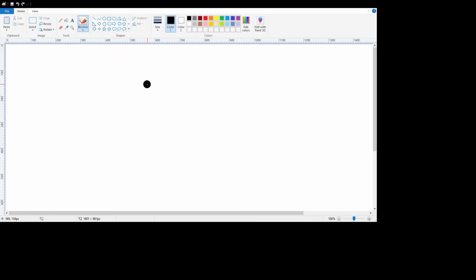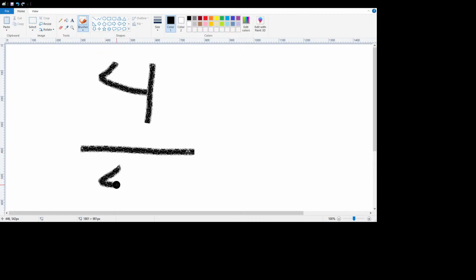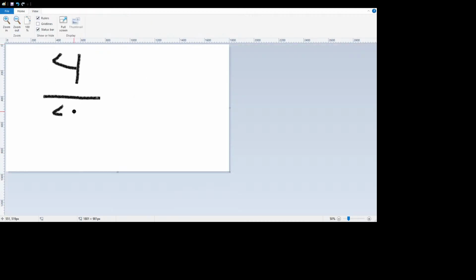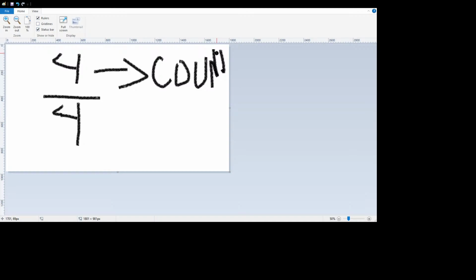So, time signatures, right? It's 4/4. So this number here usually will tell us the count. It's not gonna fit, but it means count. And then the number here.